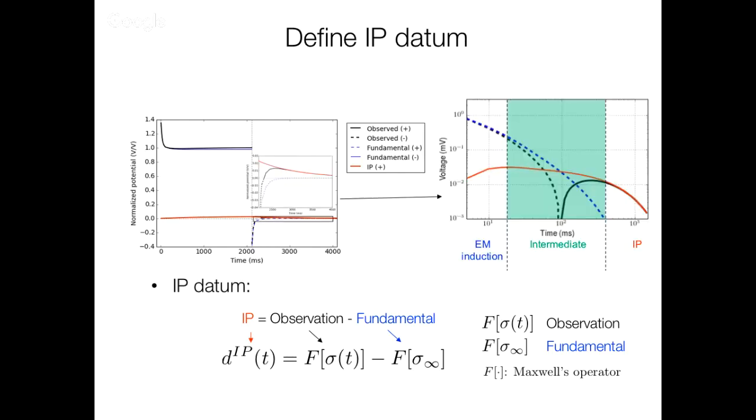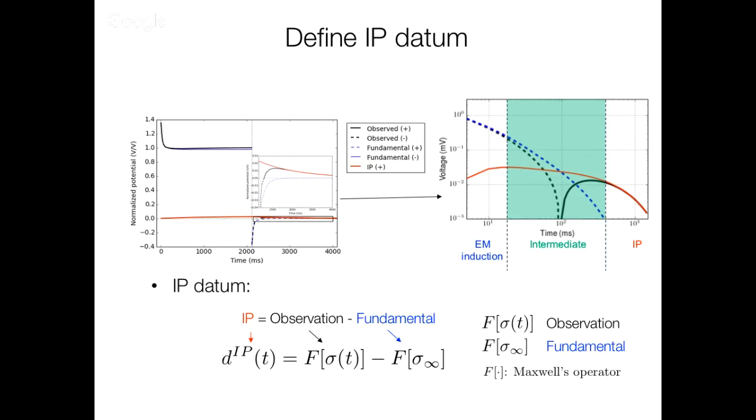So here's a very diagnostic diagram. This is the response that we're going to measure from our system. I'm changing signs here now, so the response that we ordinarily get just from a conductive half space is going to be given by this blue dashed line here.